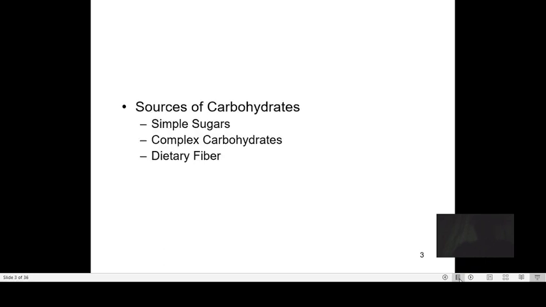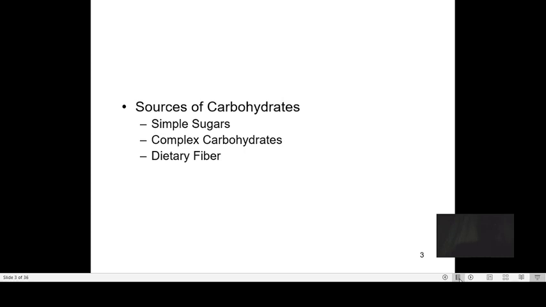Now, starting from this overview of the lesson, we have different sources of carbohydrates. Basically, we have what we refer to as simple sugars. Then we have what we call complex sugar. And lastly, we have what we refer to as dietary fibers.